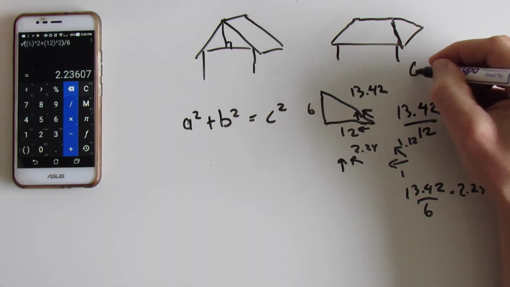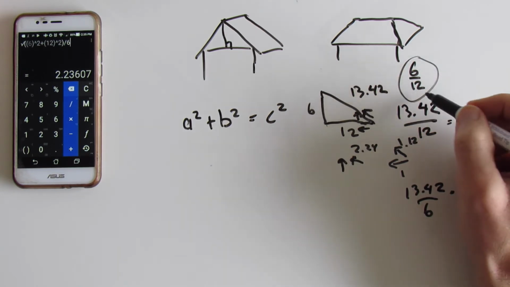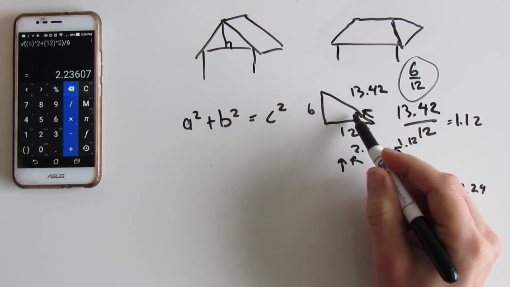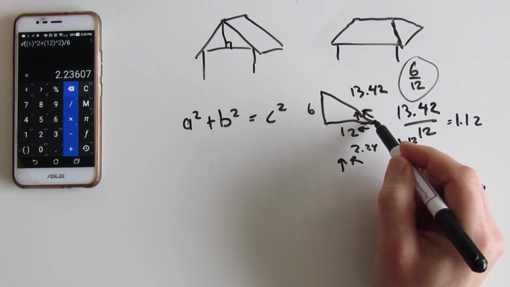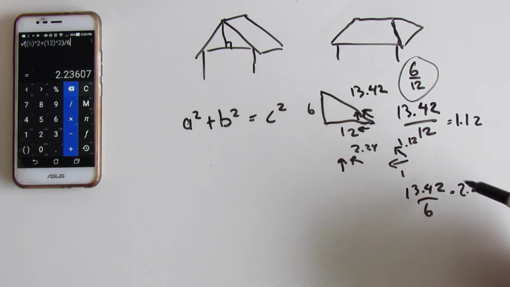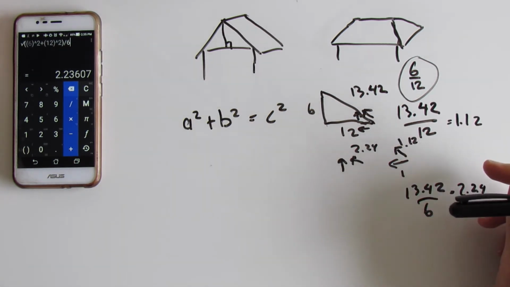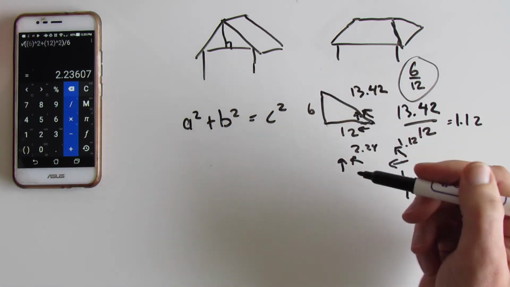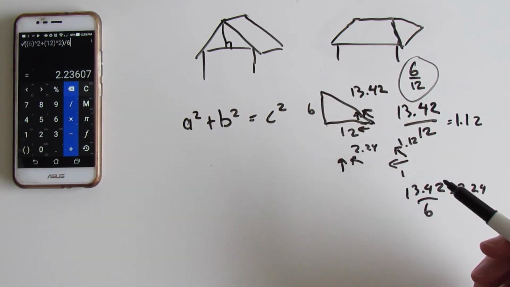Once you know your pitch, which in this case we're saying is 6/12, once you have that locked in, you're going to go a certain amount this way, and you're going to go half as much up, because 6 is half of 12, and we're going to go up the slope by 1.12 for every inch we go this way. So once we have those ideas down in our heads that this is how roof math works, going this way, you're going up, and you're going up this way. You're going up the slope and up vertically.